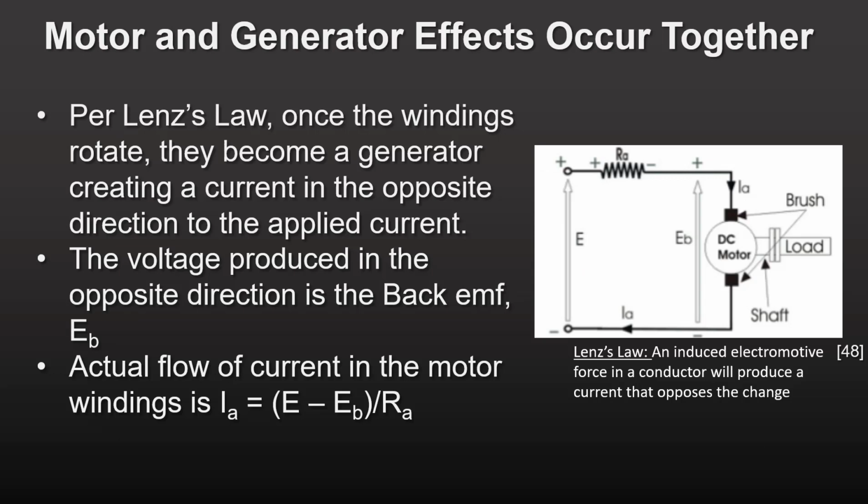Per Lenz's law, once the windings rotate, they become a generator, creating a current in the opposite direction to the applied current. The voltage produced in the opposite direction is the back EMF E sub B. The flow of current I sub A in the motor windings is then I sub A equals quantity E minus E sub B divided by capital R sub A.